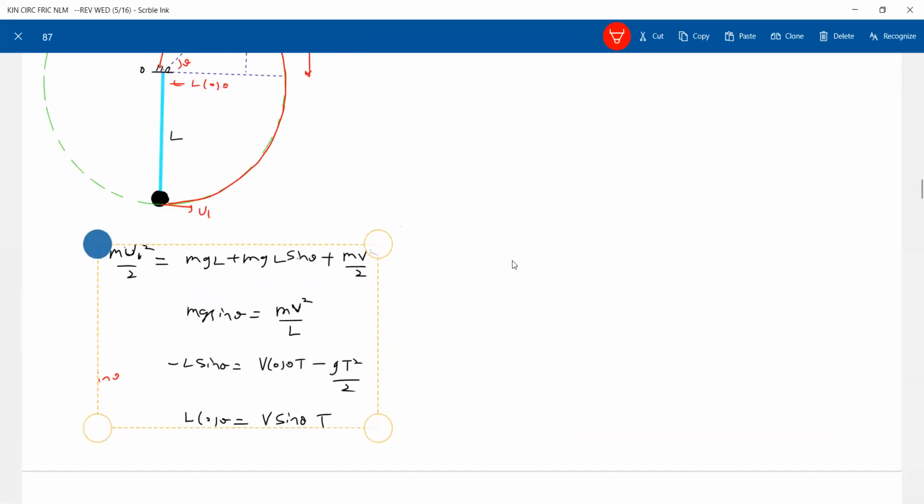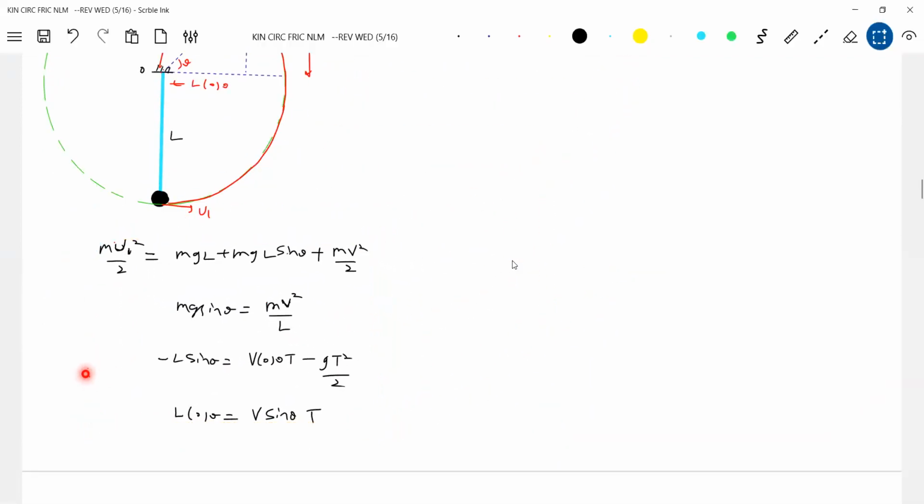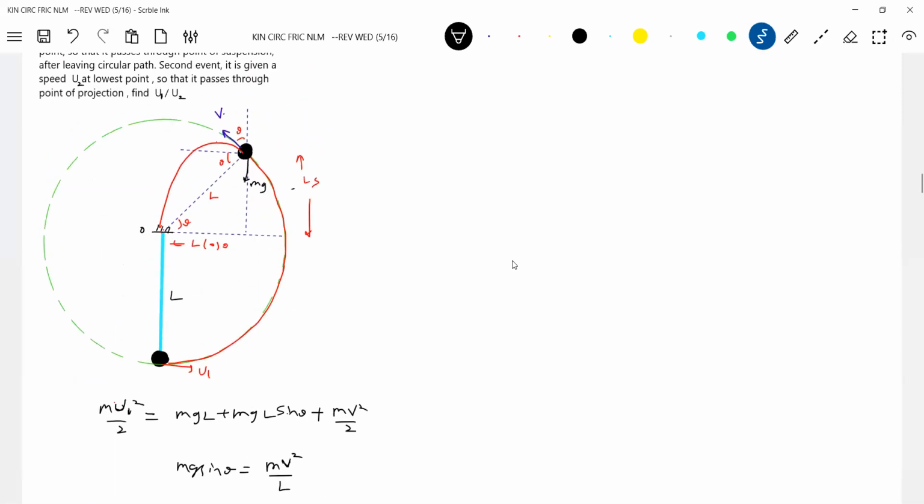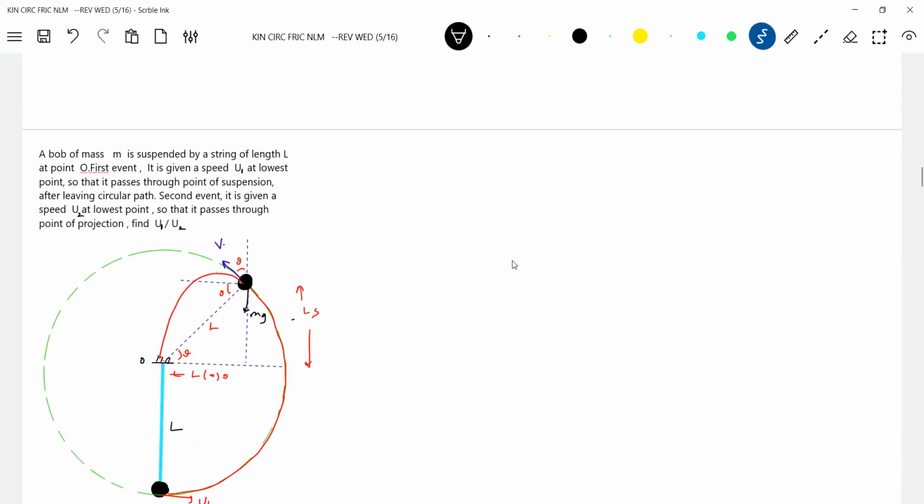He didn't mention that it leaves the circular trajectory in the second case. Both cases, no? Complete circular motion is also possible, sir, to pass through the point of projection. It is given that it passes through the point of projection after leaving the circular path.